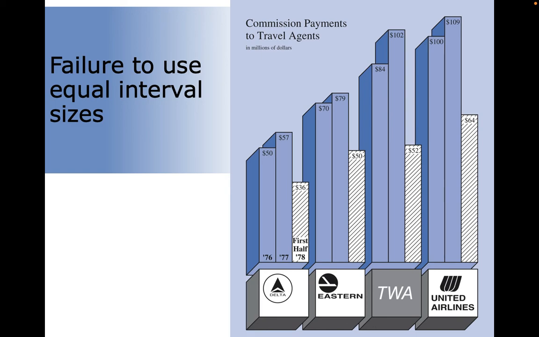Assuming that the second half of 1978 was like the first half, what this information would actually tell us is that in 1978, there'd actually be an increase rather than a decrease. So for example, Delta Airlines' estimated full year 1978 figure of 72 million is much higher than in 1977. So the main point is, when presenting information in a bar graph, the intervals that are presented need to be the same.